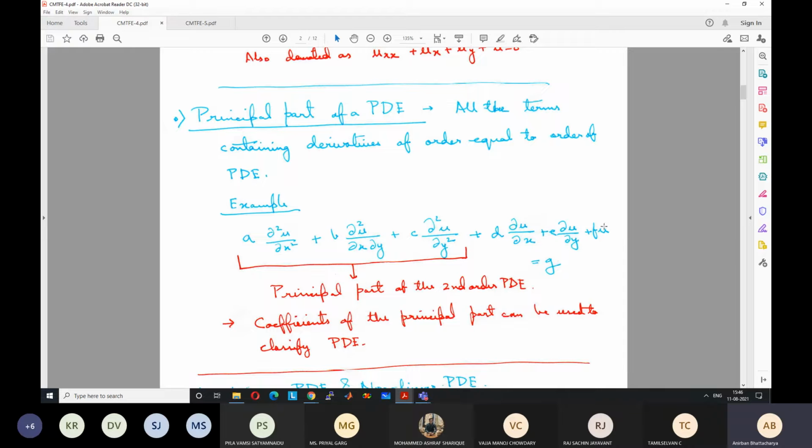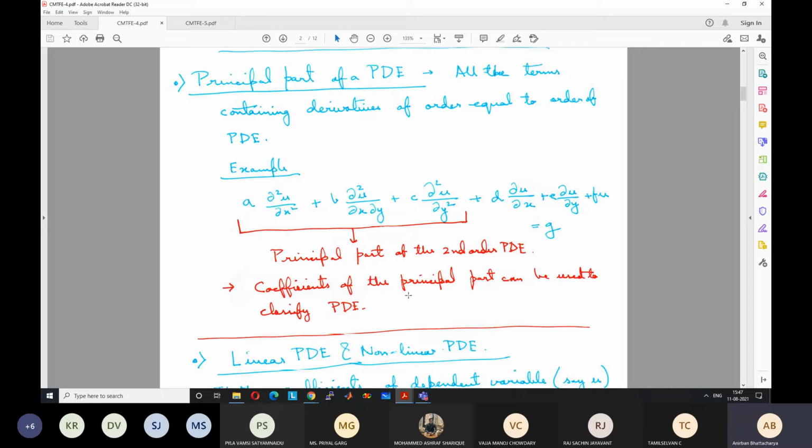Then f u equal to g. Here a, b, c, d, e, f, and g are constants. The principal part of the PD is all the second order terms: a del square u del x square plus b del square u del x del y plus c del square u del y square.